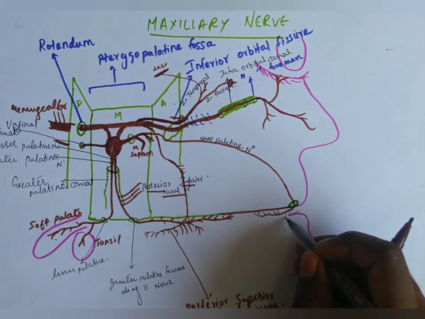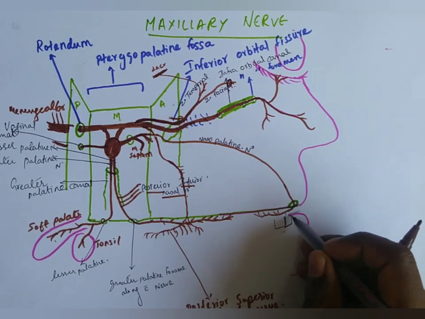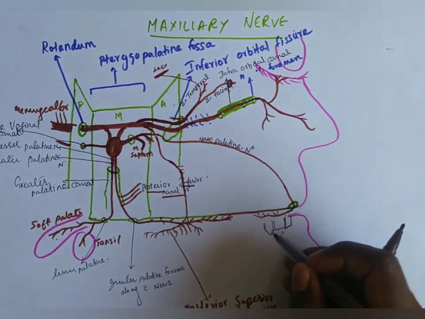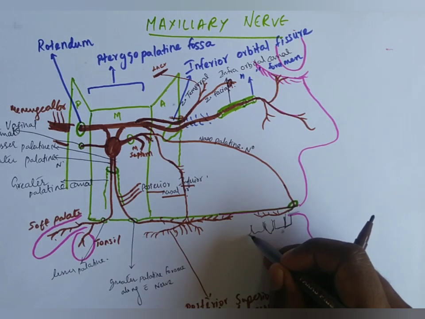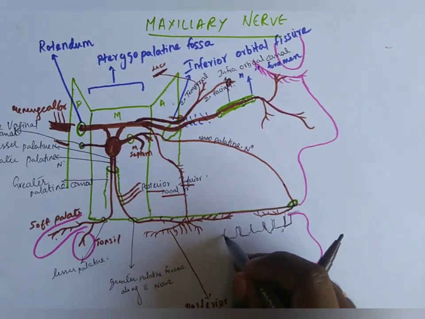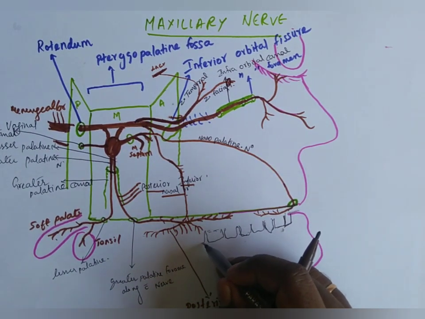You can draw the teeth. These are the incisors, the two incisors. Then we have the canine, followed by premolars, then the molars.